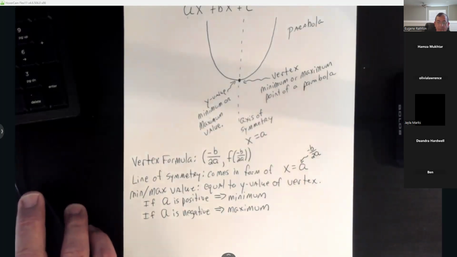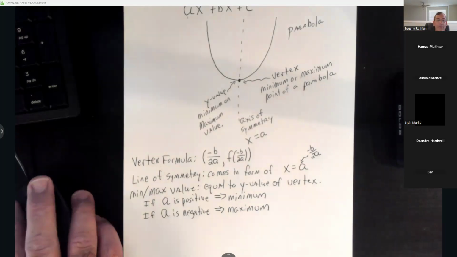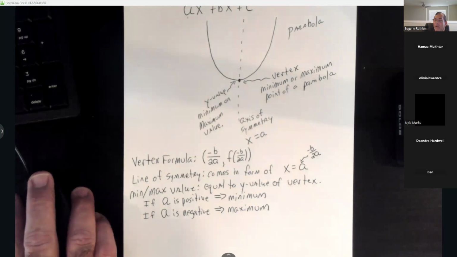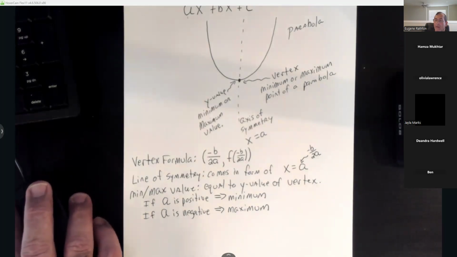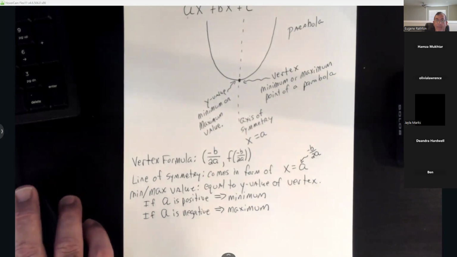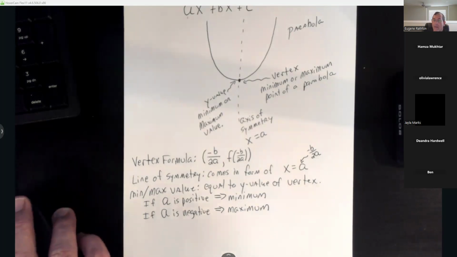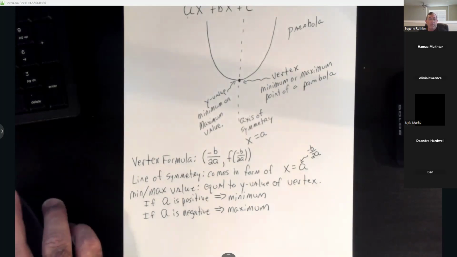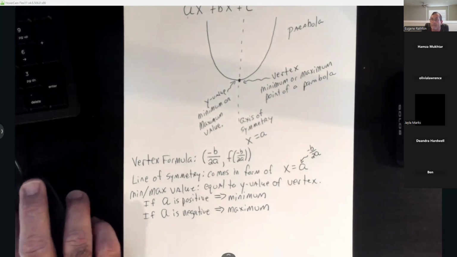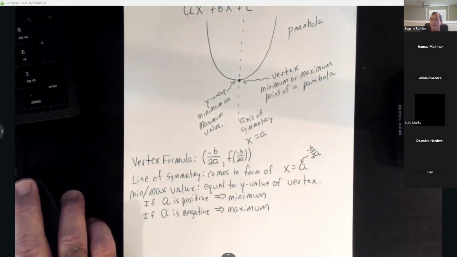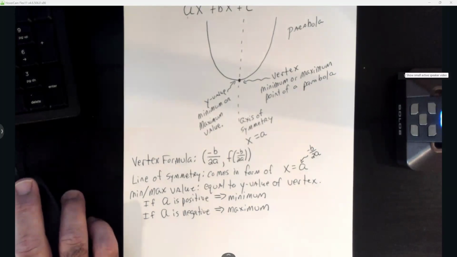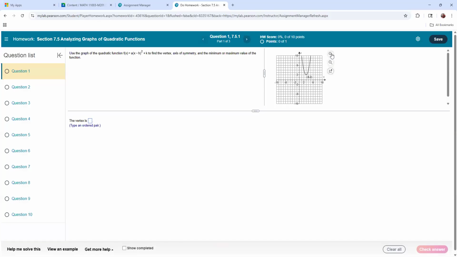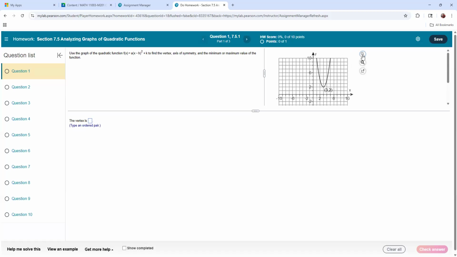So y'all hang on just a second. Let me pull MathLab up for this section because they got a question number 1 here. So now let me make this a little bigger here.